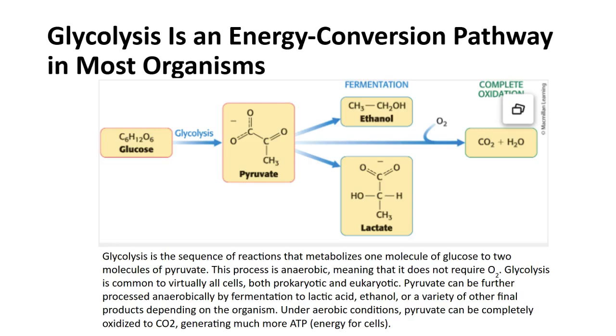So glycolysis is the sequence of reactions that metabolizes one molecule of glucose to two molecules of pyruvate. This process is anaerobic, meaning that it does not require oxygen. Glycolysis is common to virtually all cells, both prokaryotes and eukaryotes.